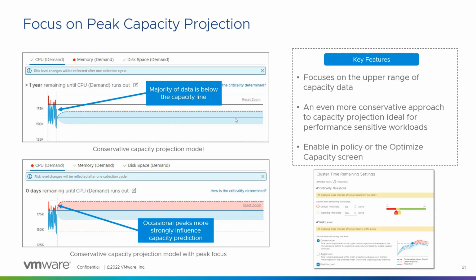It concentrates more on the peaks when it's coming up with those projections, rather than looking at the entire workload. You can see the difference on the infographics, or the screenshots, here. With peak focus mode, it is definitely pushed much higher because of those peaks that are happening. So hopefully that makes sense. And that works both in conservative and aggressive mode. You can have it look at those peaks more.